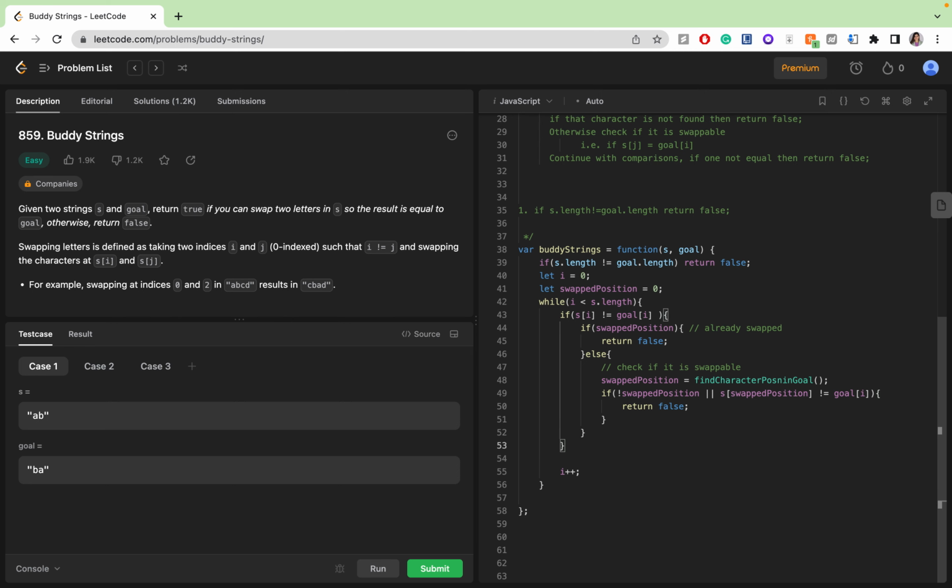And another thing is, suppose if I already find swapped position, and suppose si is not equal to goal i. If swapped position is already there and i is not equal to swapped position, then I should return false, right?